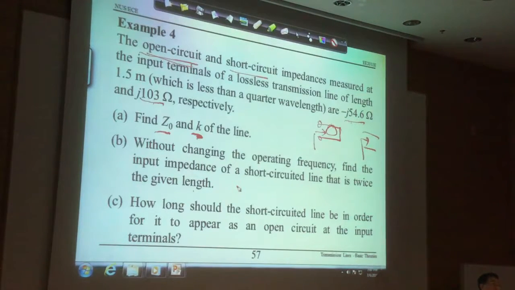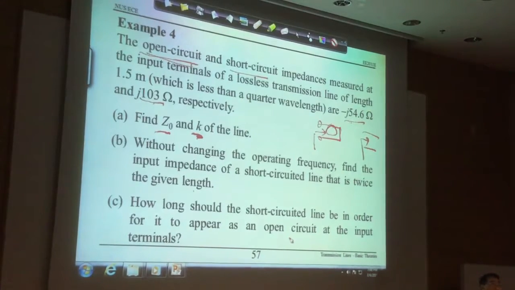Solve this very quickly. Okay, right? Then how long should the short circuit line be in order for it to appear as open circuit at the input terminal? From short circuit to open circuit, actually, later I will show you.